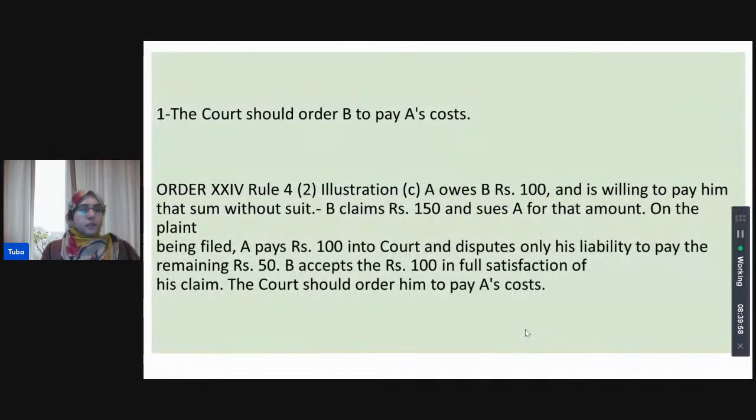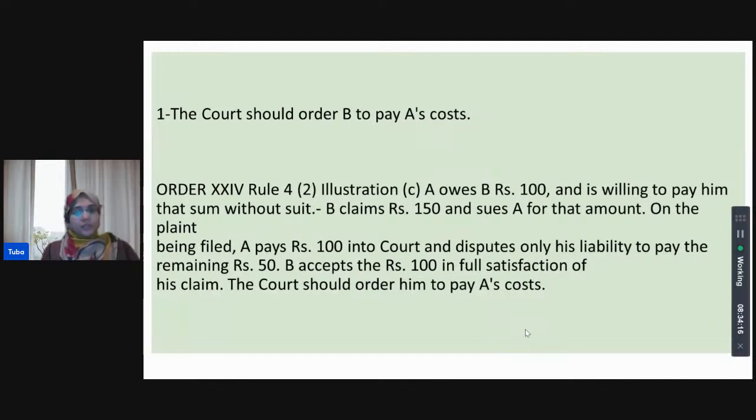It is a general directory measure. The court should order B to pay A's costs. We go to Order 24, Rule 4.2, and this is straight out of the illustration to Rule 4.2.